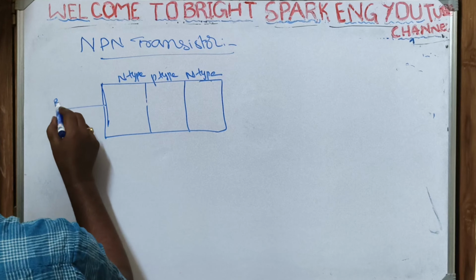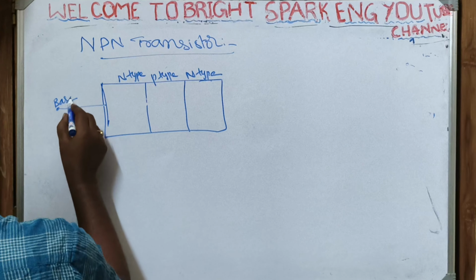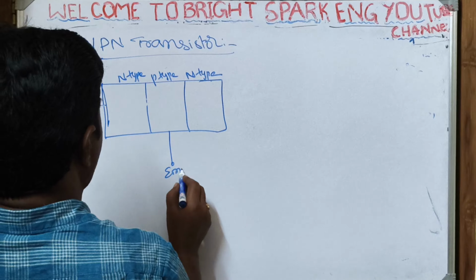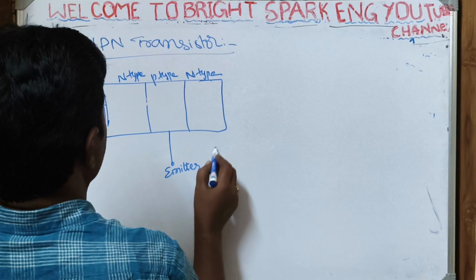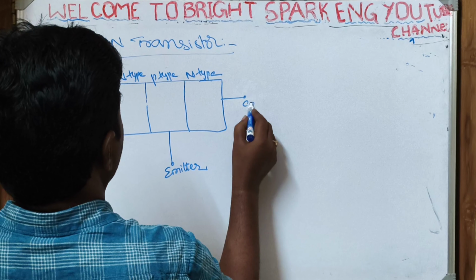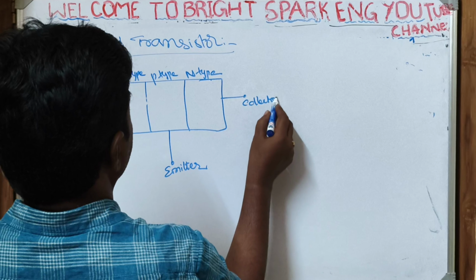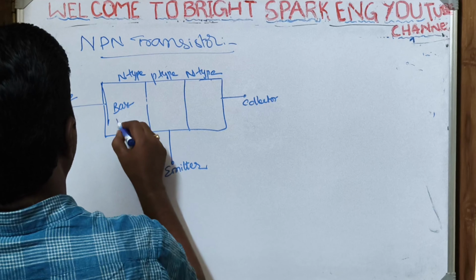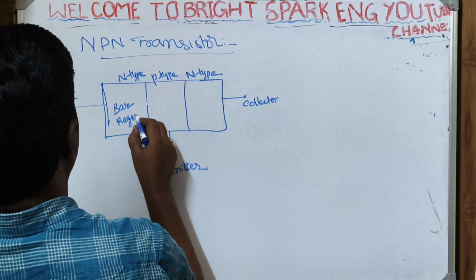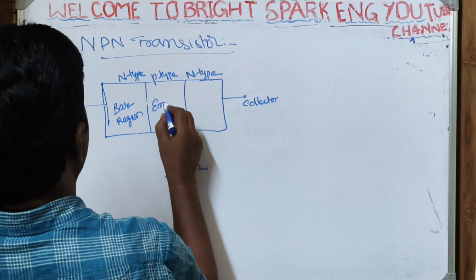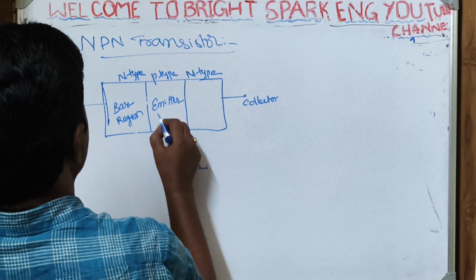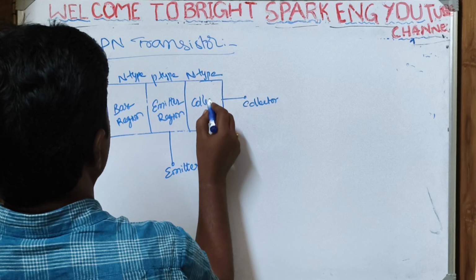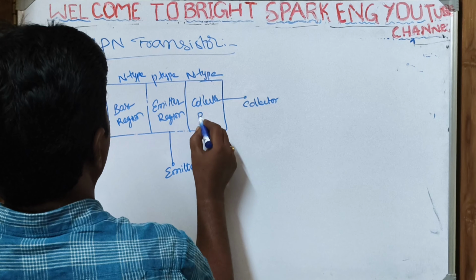This is base terminal. This is emitter terminal. This is collector terminal. This is base region, emitter region. This is collector region.